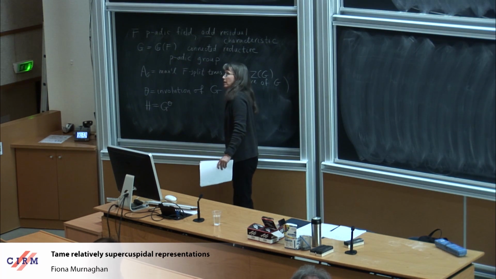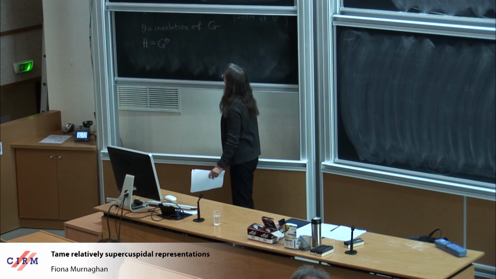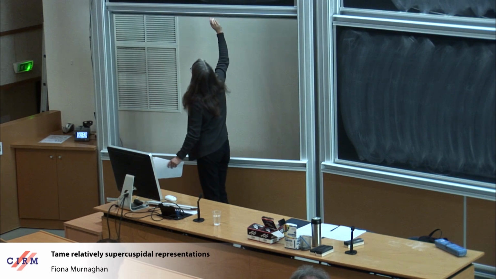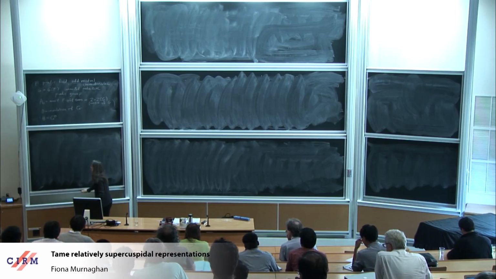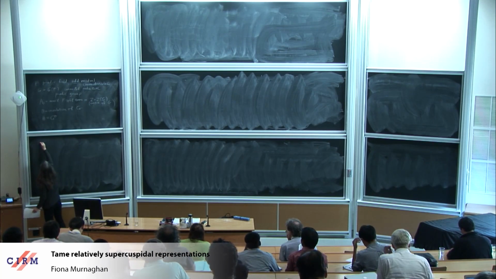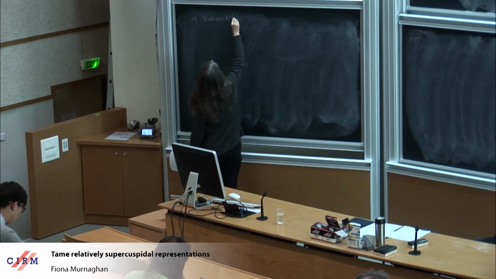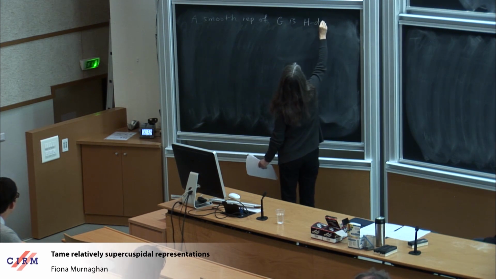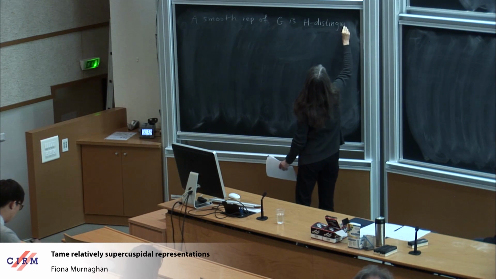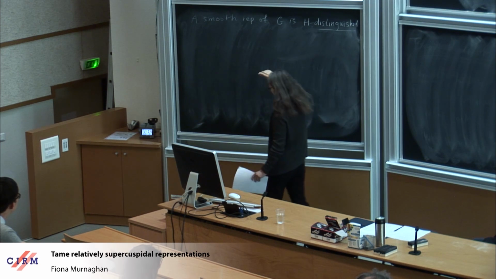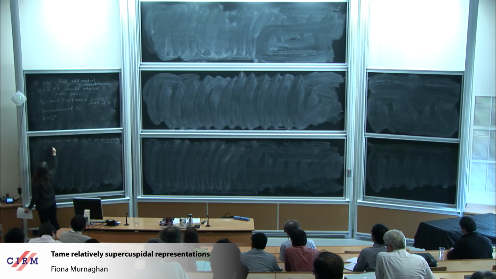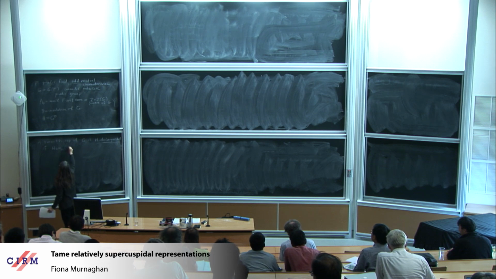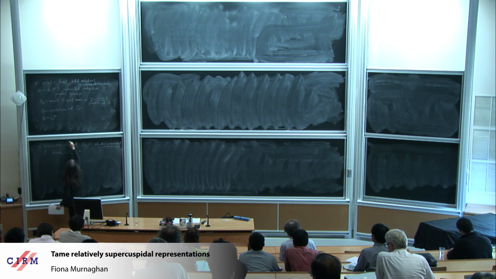Okay, so we're going to be talking about H-distinguished representations of G. So a smooth representation is H-distinguished if the space of H-invariant linear functionals on the space of the representation, let's call it pi, V, is non-zero.